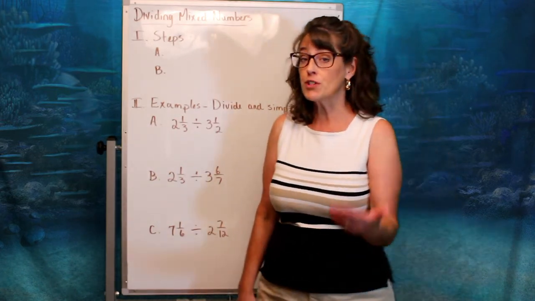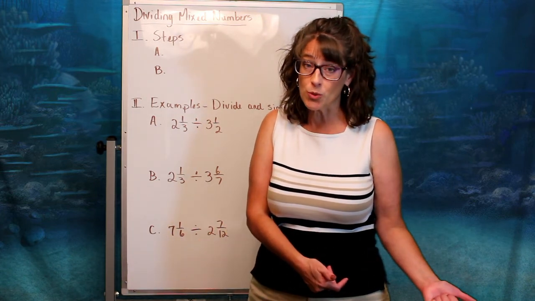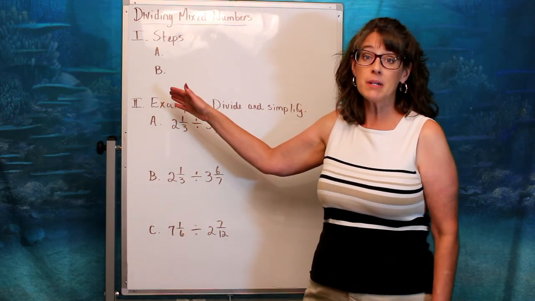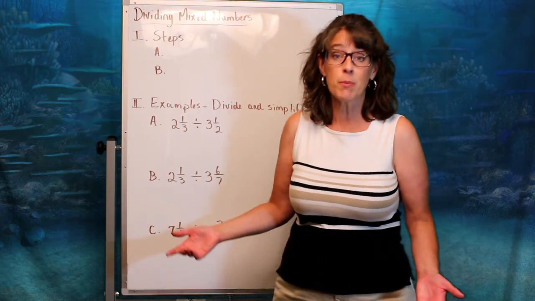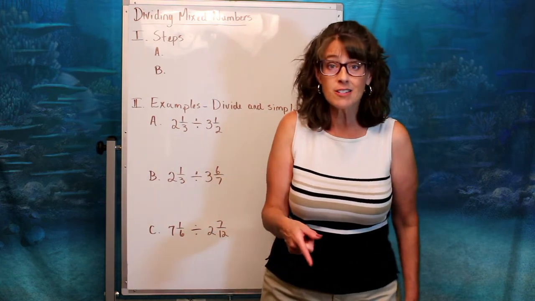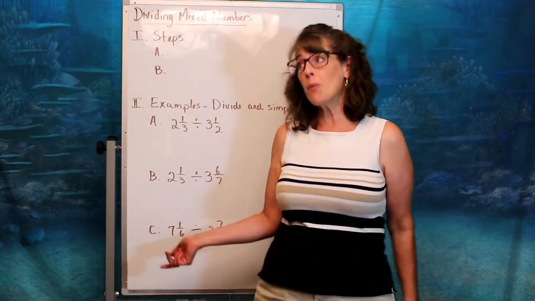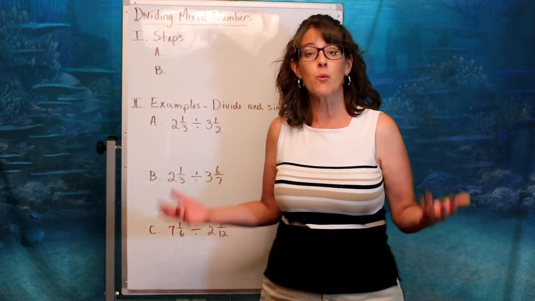I have rules for dividing fractions, which frankly is a piggyback of my multiplication rules. We just copy, change, flip, and go back to multiplication. Let's just turn these mixed numbers into improper fractions, go back to the division rules, which isn't really a rule. We're just going to copy, change, flip, and go back to the real rule, which is multiplying fractions. See, it's all based on that one rule.